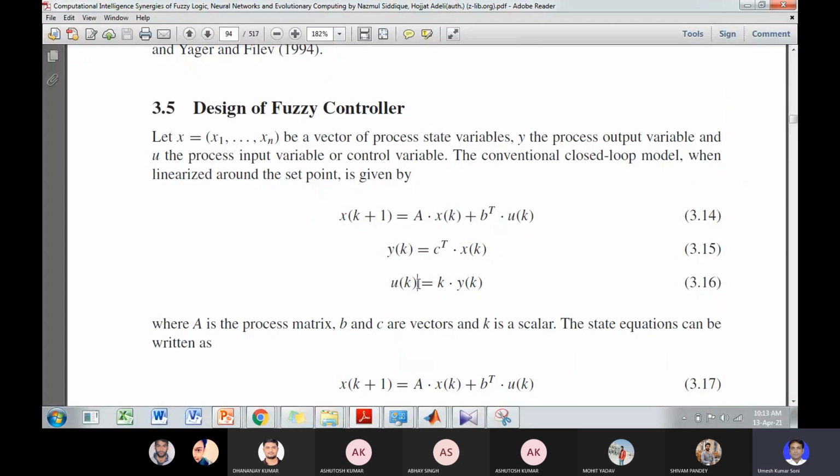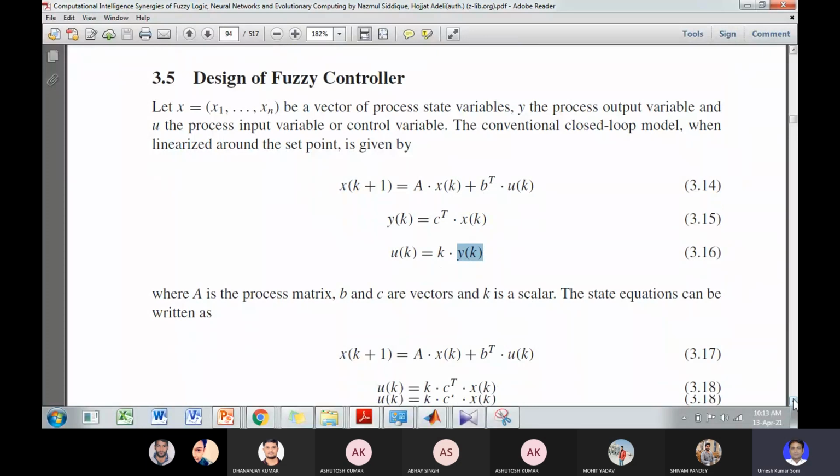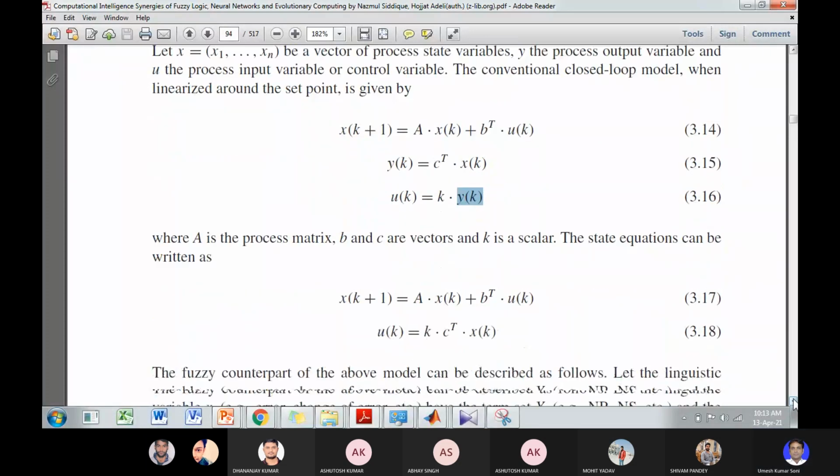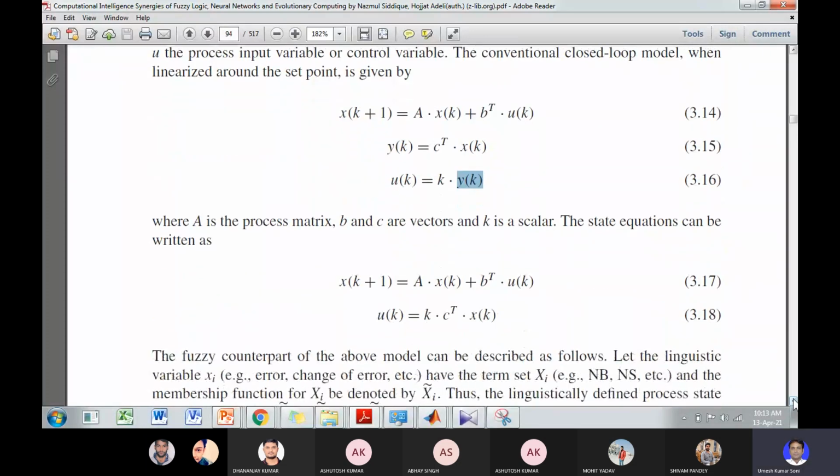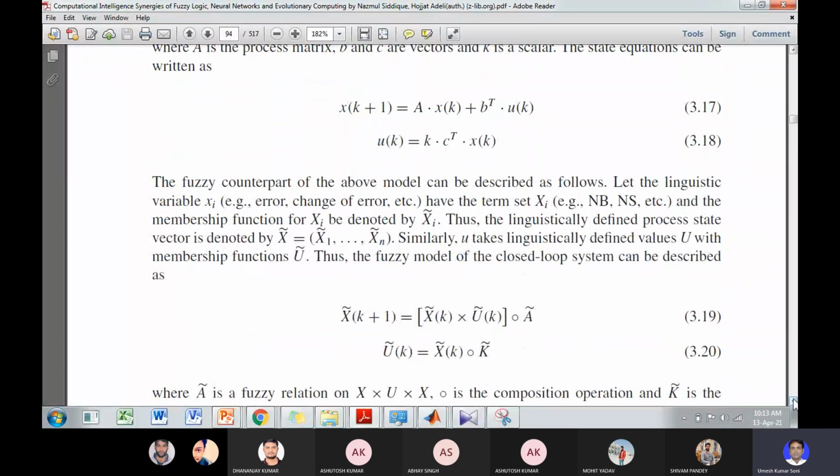So uk is defined by the control input. uk is defined by k times the output yk. So this is a simple structure in terms of states.